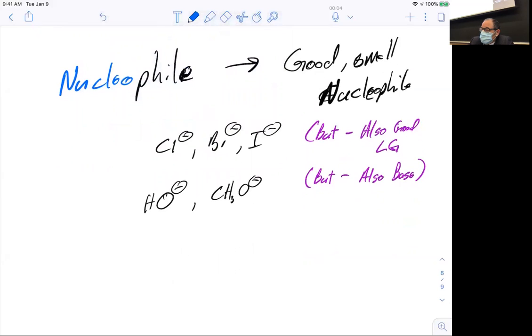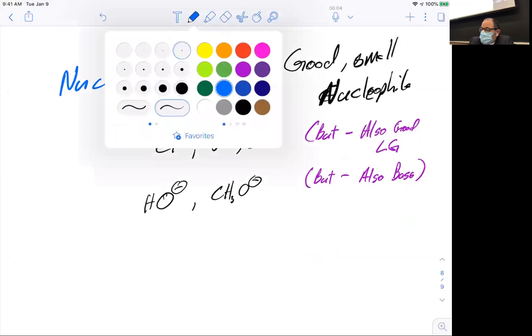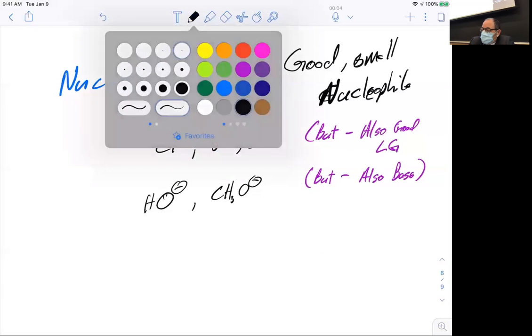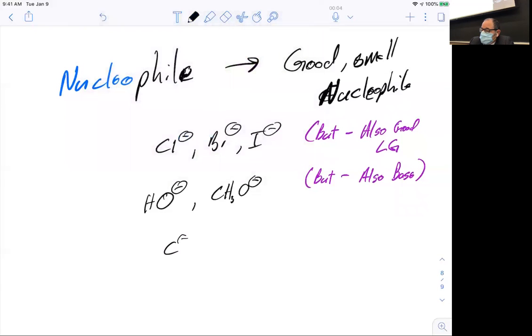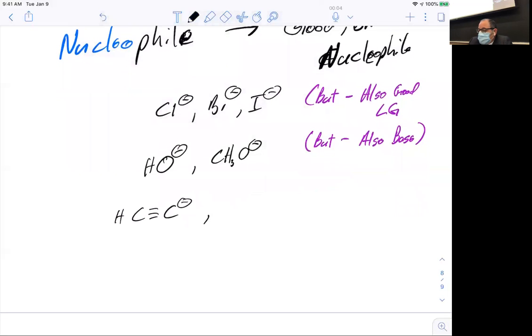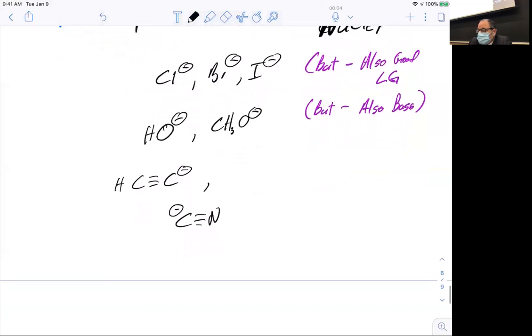There's also these kind of small ones. That makes a good nucleophile. This makes a good nucleophile.